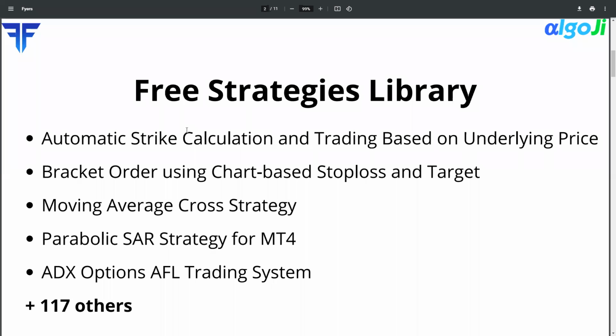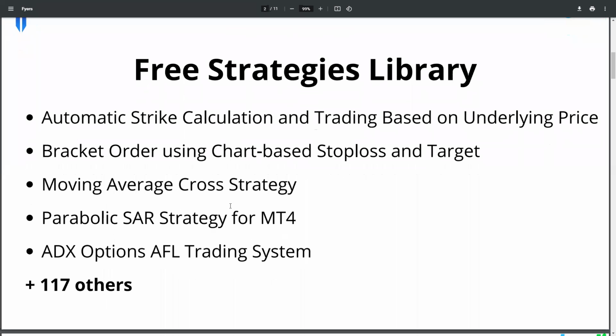You can get started with them directly. You don't have to pay anything for that. Just deploy the strategies on the chart or optimize them and start using them. I'll be telling you about the free strategies library in the coming slides, where you can find it and how you can set it up on your system.